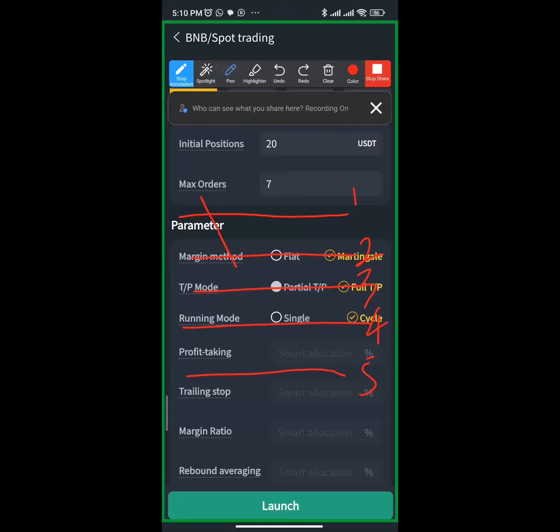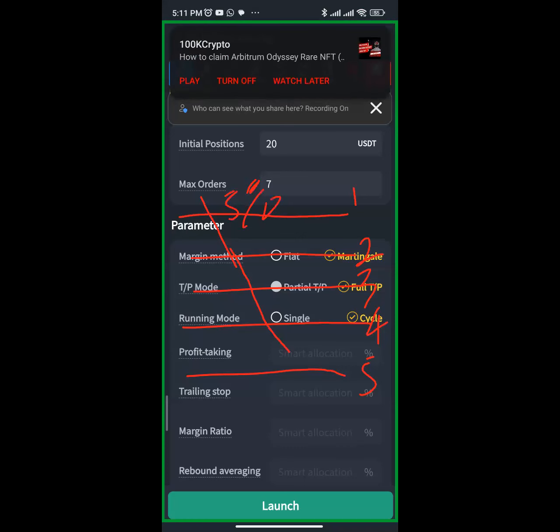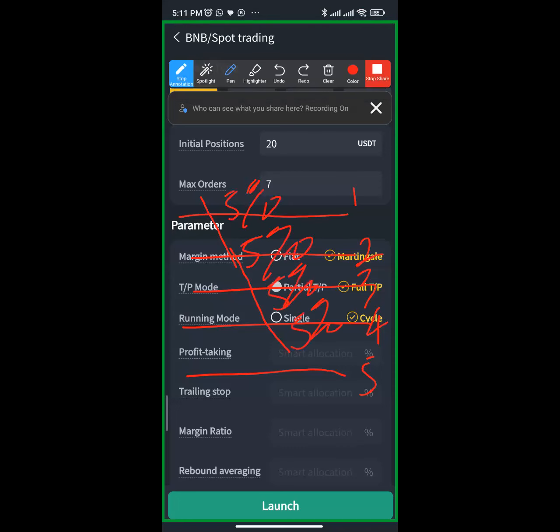So when the prices are coming down, depending on your order size, it accumulates at every stage, probably at every 5%. So it keeps accumulating at every 5%. So this is how the AI DCA works.